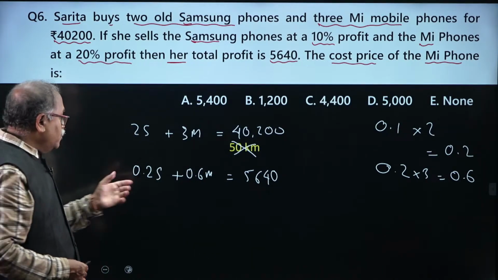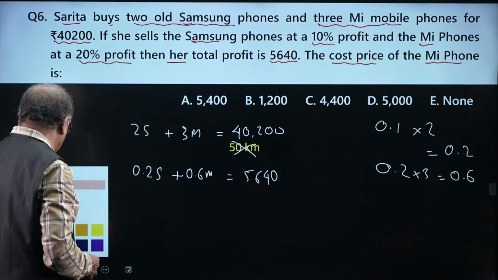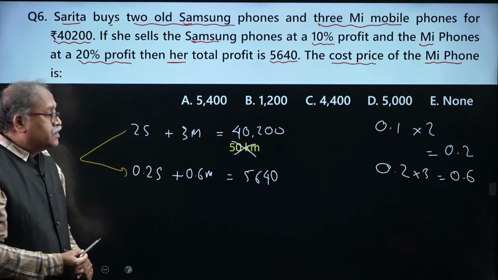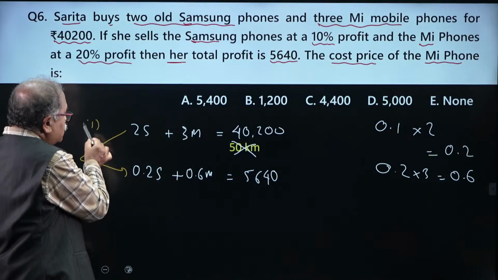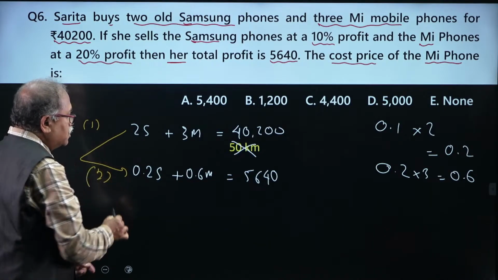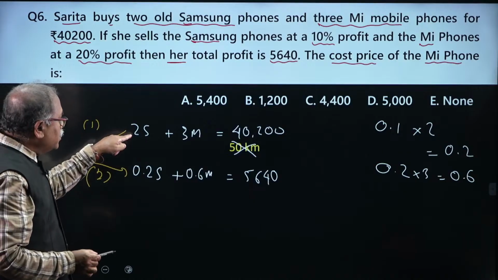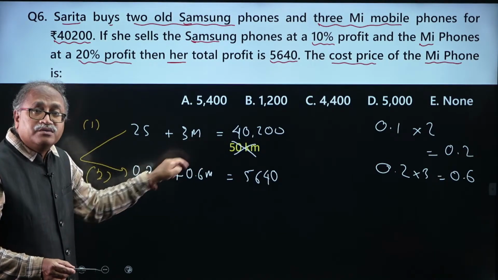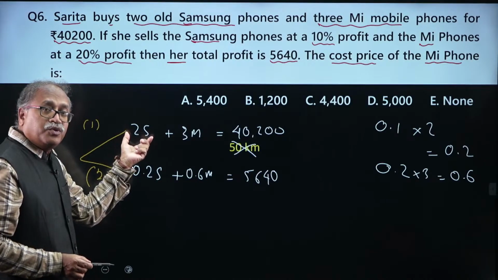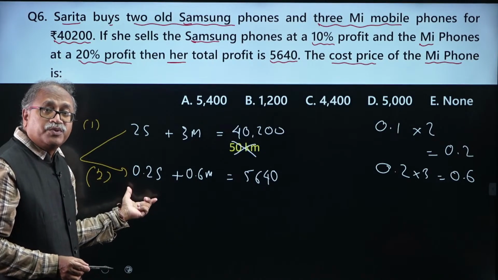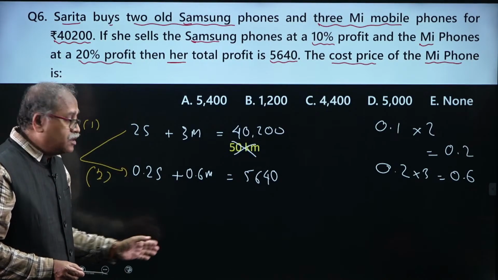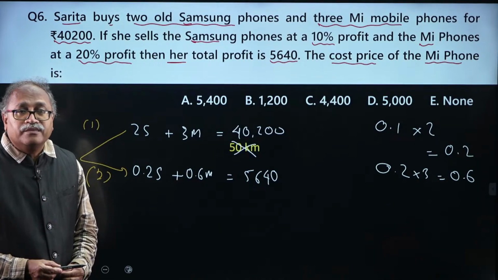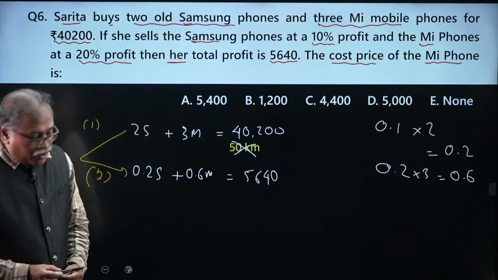So, look at these two equations. This is equation 1 and this is equation 2. Can I form equation 3 by dividing this entire equation by 10? It becomes 0.2s, here it is 0.2s, it will get cancelled and I will be left with m only. Okay?